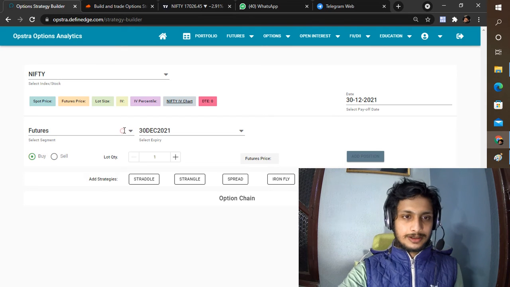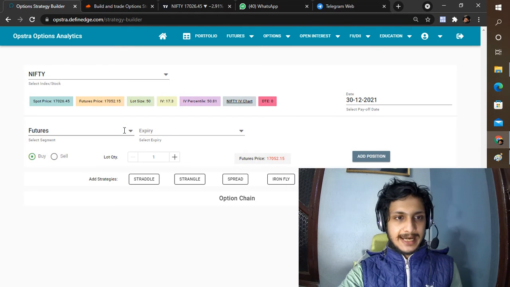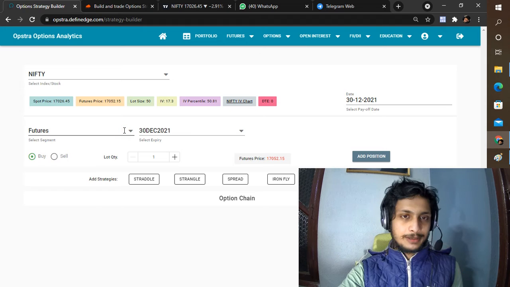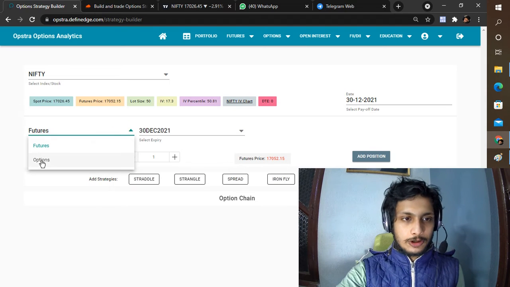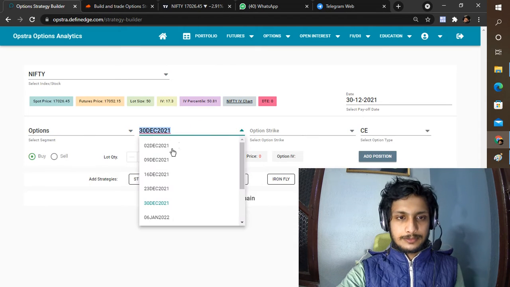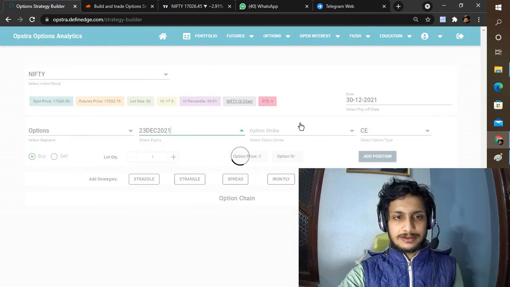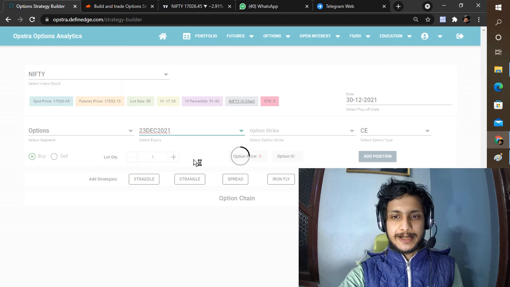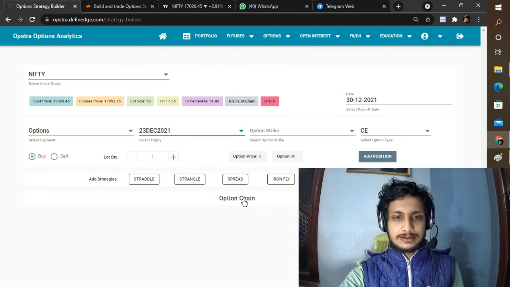Just for the sake of example, I'll show you what the trade summary of an iron condor looks like. Let's select any random expiry here. So it's the 23rd of December. Let's select the 23rd December expiry and open the option chain.